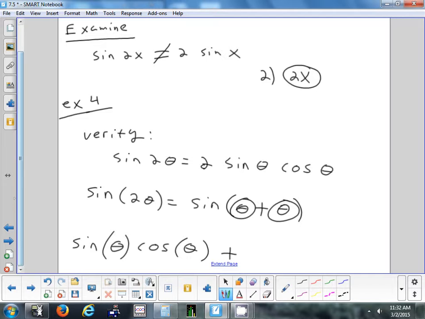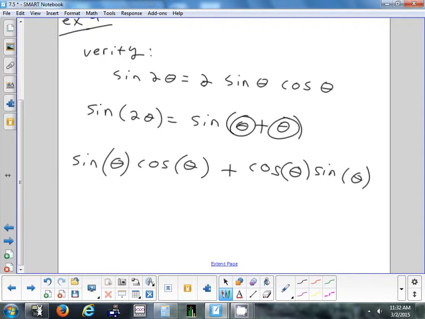Again, they're the same. Cosine of the first, sine of the second. So I have sine times cosine plus cosine times sine.